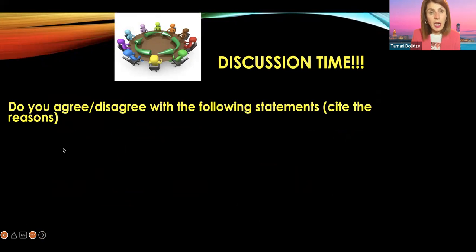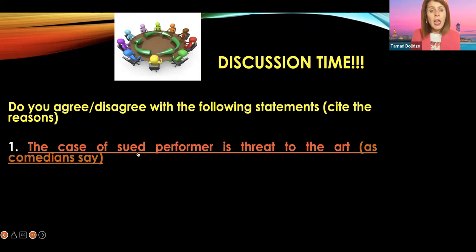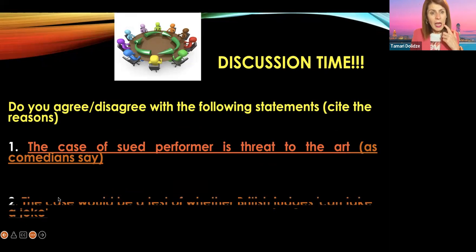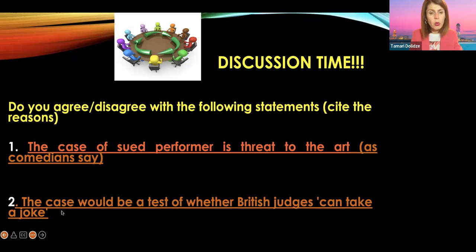And during discussion time, for example, I very often ask students a very simple question: do you agree or disagree with the following statement? What are the statements? The case of student performance is a threat to the art, as comedians say. And the second statement or quote: the case would be a test of whether British judges can take a joke.